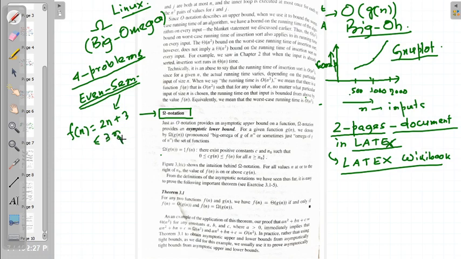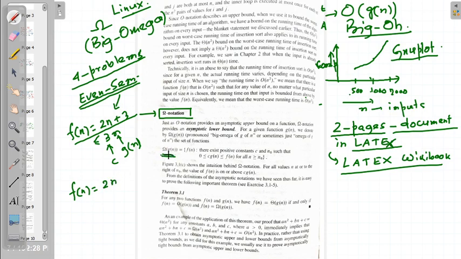So this is our g(n), and this is our c. So f(n) equals 2n plus 3, that we have seen in the last class, and f(n) is less than or equal to c of g(n). Now first I take the example and then we can go to the definition.